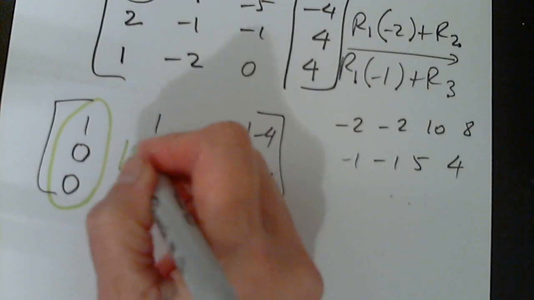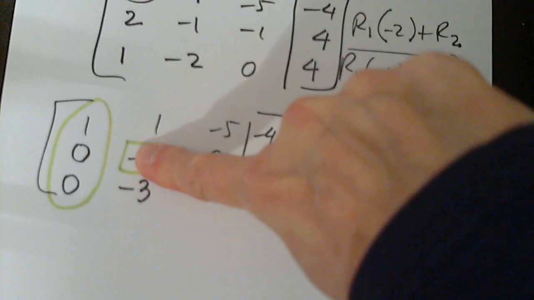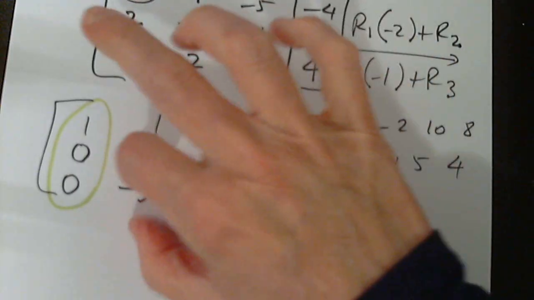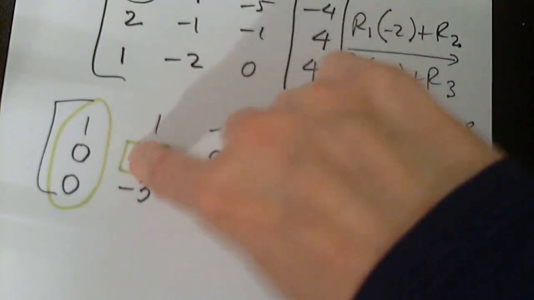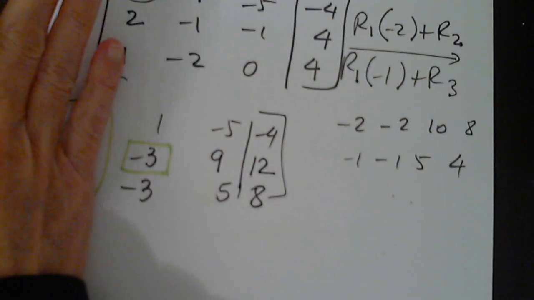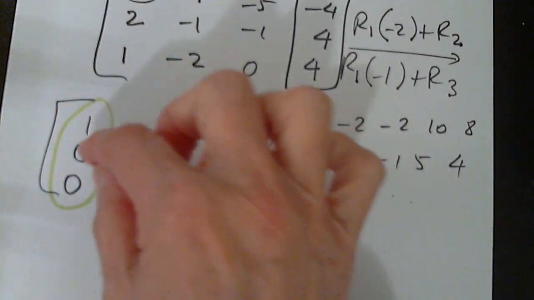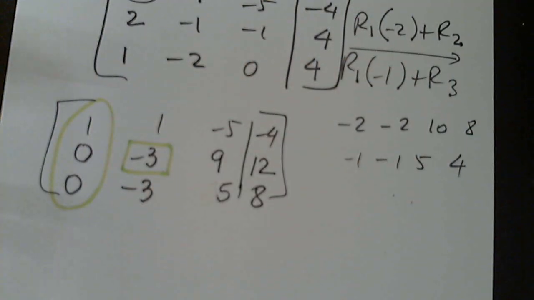Now I have to focus on the middle entry in the second column, because this one has to be 1. So I can eliminate these two. If this one is not 1, I cannot eliminate these two, and I cannot go back and destroy what I accomplished. So how do I get a 1 in here?